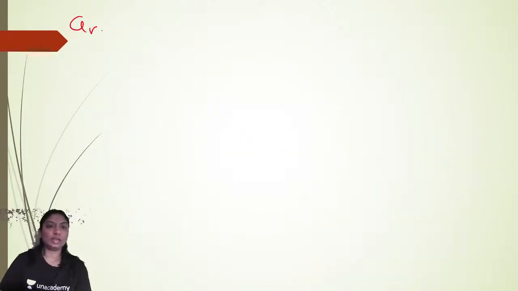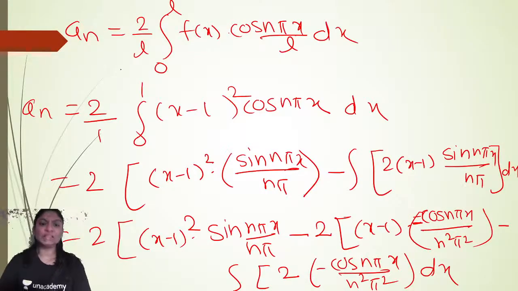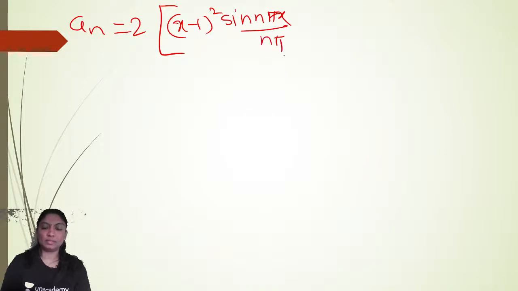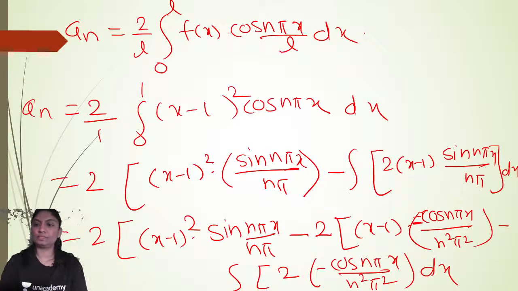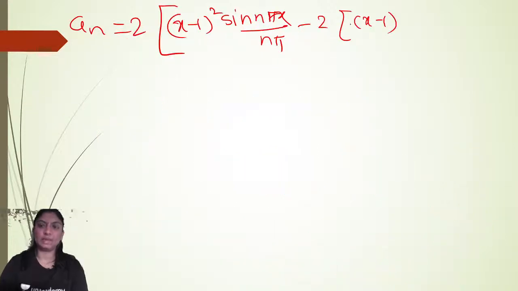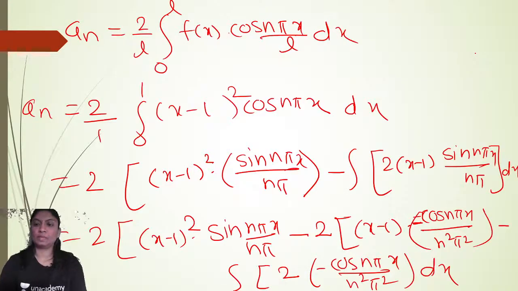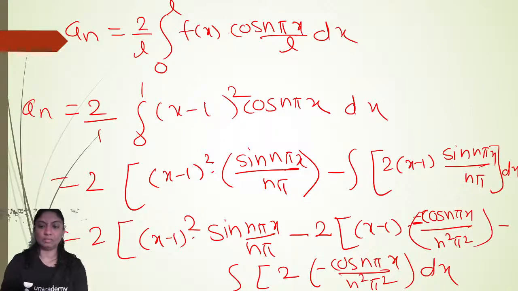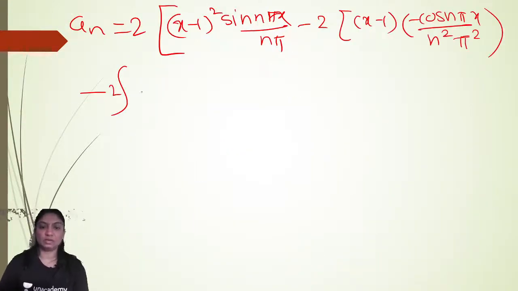So again here you will get an is equal to 2 into bracket x minus 1 bracket square sin n pi x by n pi minus 2 into bracket x minus 1 into minus cos n pi x by n square pi square, minus integral of 2 into minus cos n pi x upon n square pi square.